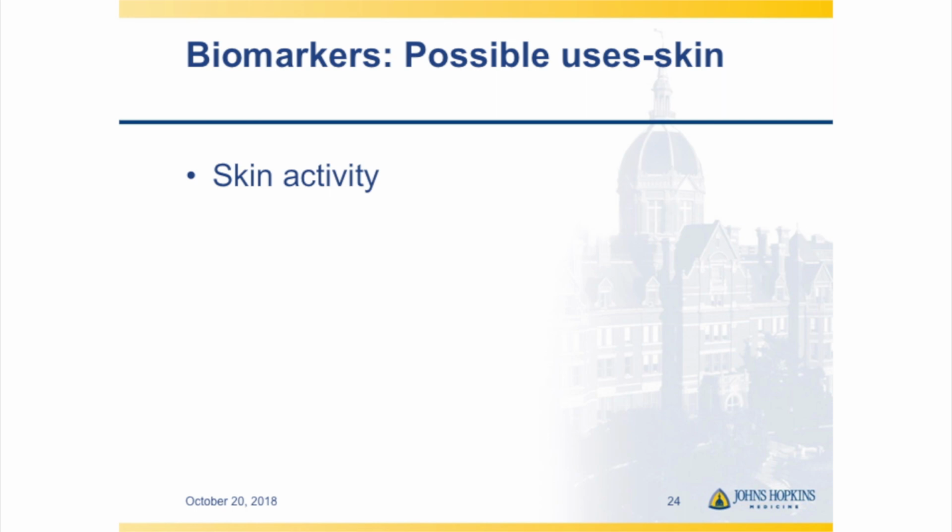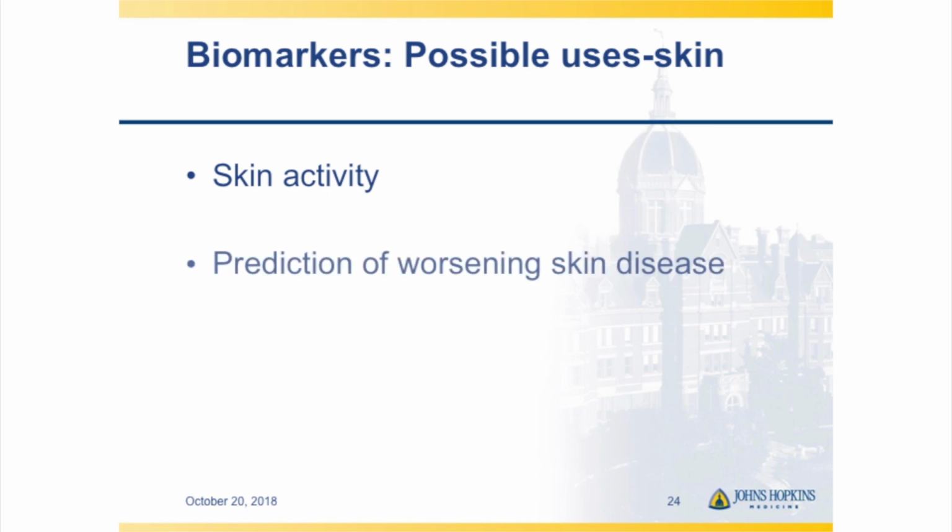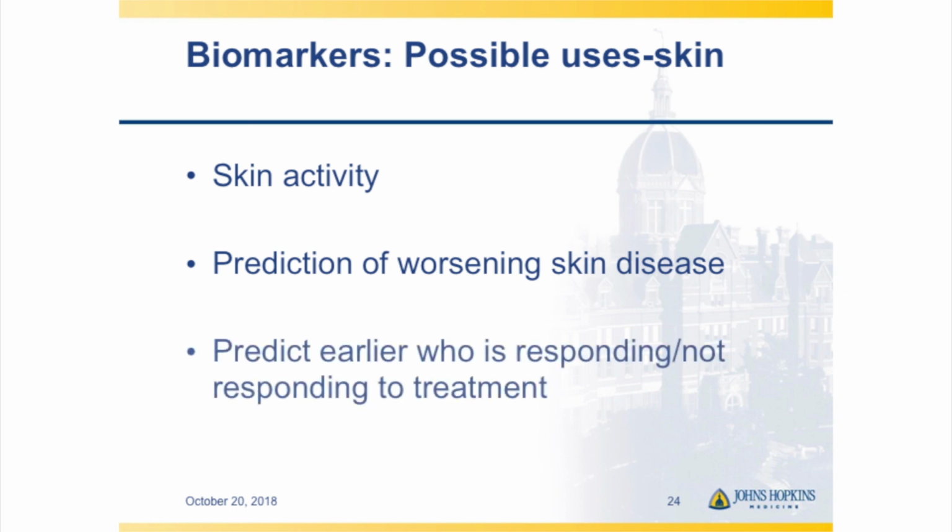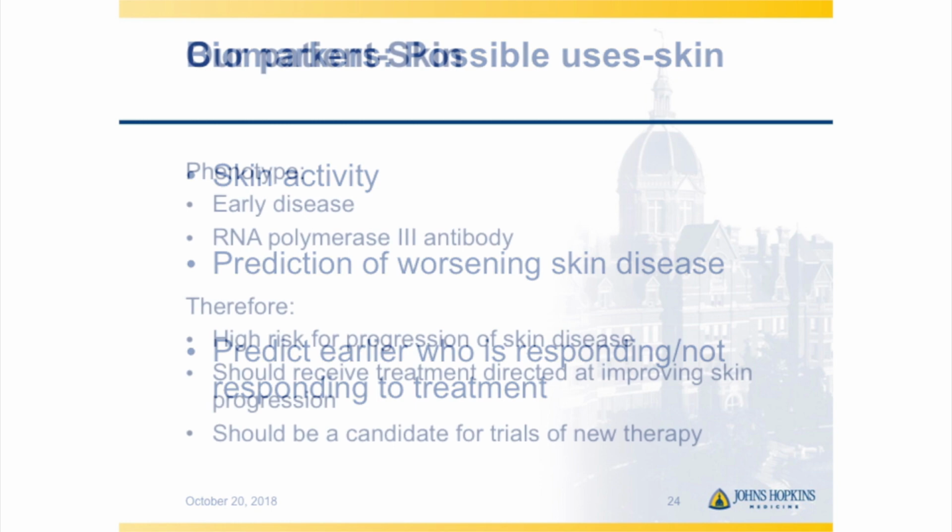So it would be helpful for us, again, to predict who might be at risk for continuing to progress, to understand that skin activity and have something that predicts who might worsen and who would be a good candidate for treatment. And importantly, and probably more importantly for the skin, to predict earlier who's responding and not responding to treatment, because that will help us individualize treatment going forward when we have drugs that we think are working.